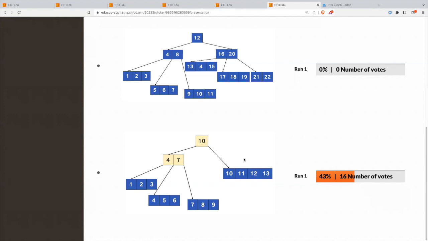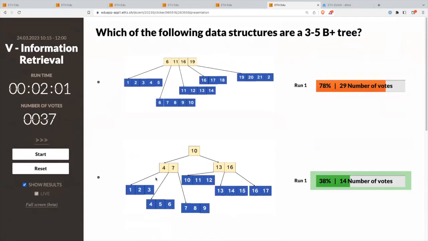The second one on the screen. Yes, they're not all on the same level, exactly. A requirement of B trees and B plus trees is that all of the leaves must be at the same level. And here you clearly see it's not the case, right? Because this is at the depth of 1 and this is at the depth of 2. So this is why it's not a 3-5 B plus tree.